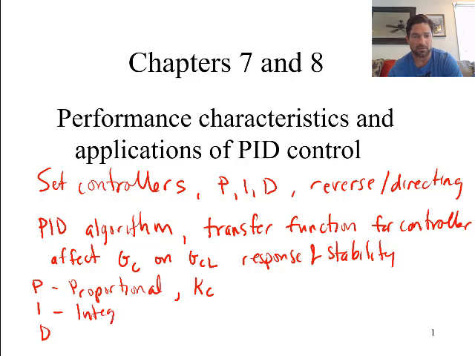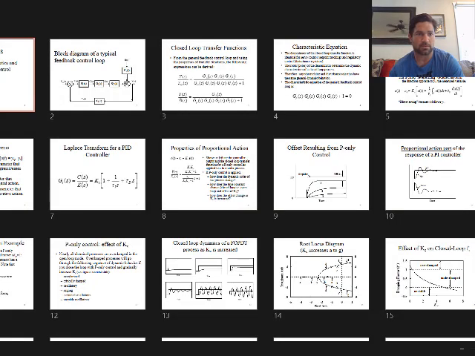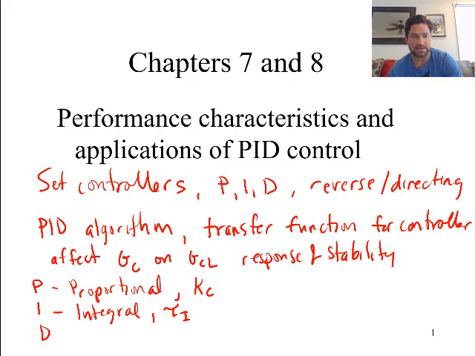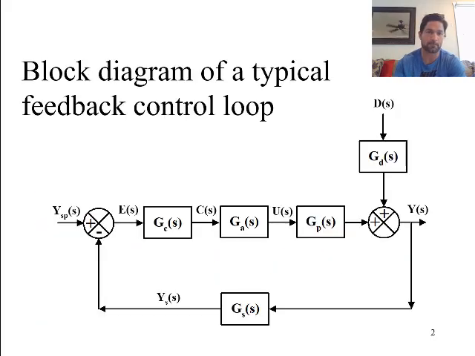I stands for integral, so part of the control comes from what's called integral action, and the term for the integral action is the reset time, or tau I. D stands for derivative, and the derivative term is tau D, which is the derivative time constant. As I said, we're also going to discuss reverse and direct action on the controller.